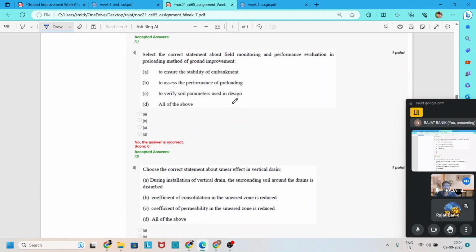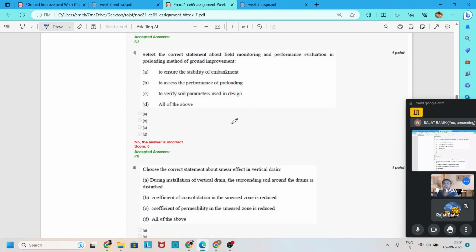The fourth one says: select the correct statement about field monitoring and performance evaluation in the preloading method of ground improvement. The options given are to ensure the stability of the embankment, assess the performance of the preloading, and verify the soil parameters used in the design.